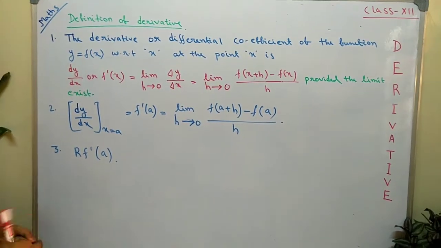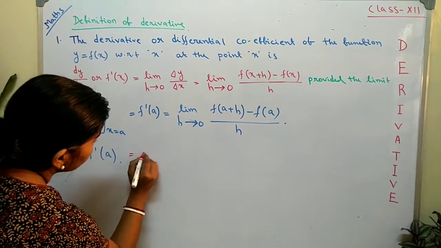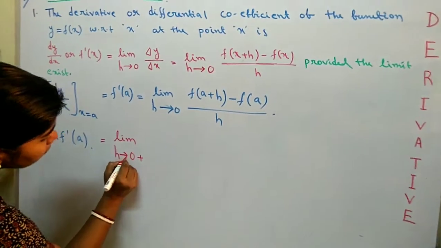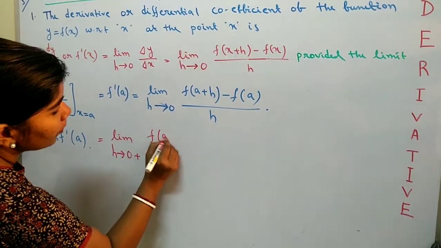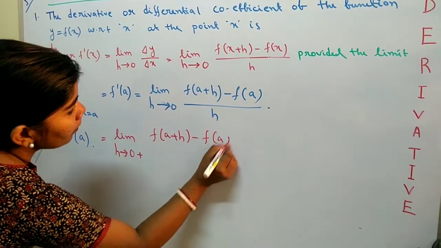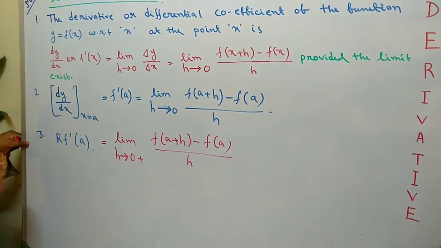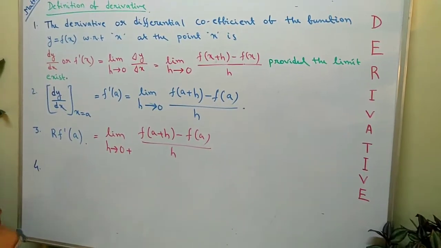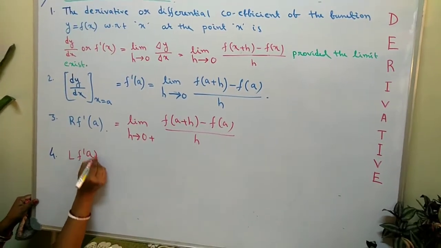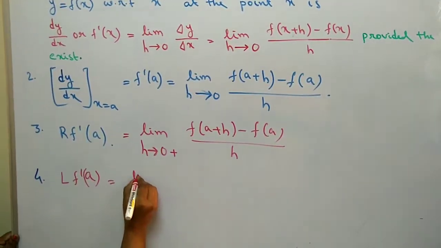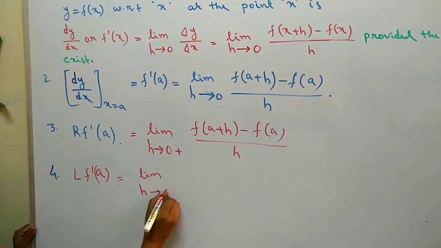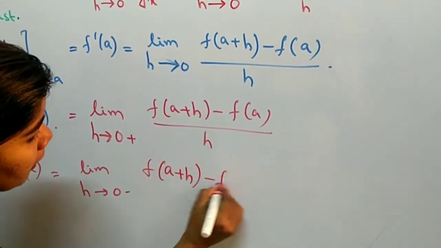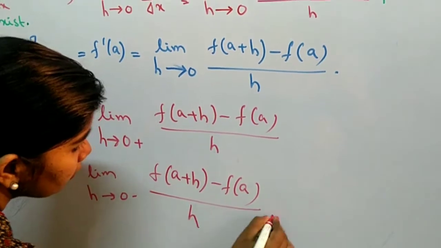This is equal to limit h tends to 0 plus of f(a plus h) minus f(a) by h, and the left hand derivative, L f'(a), is equal to limit h tends to 0 minus of f(a plus h) minus f(a) by h.